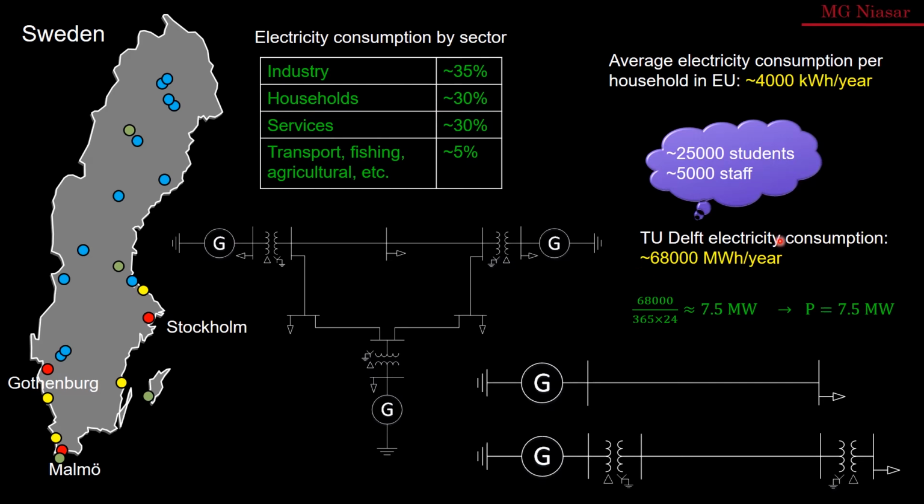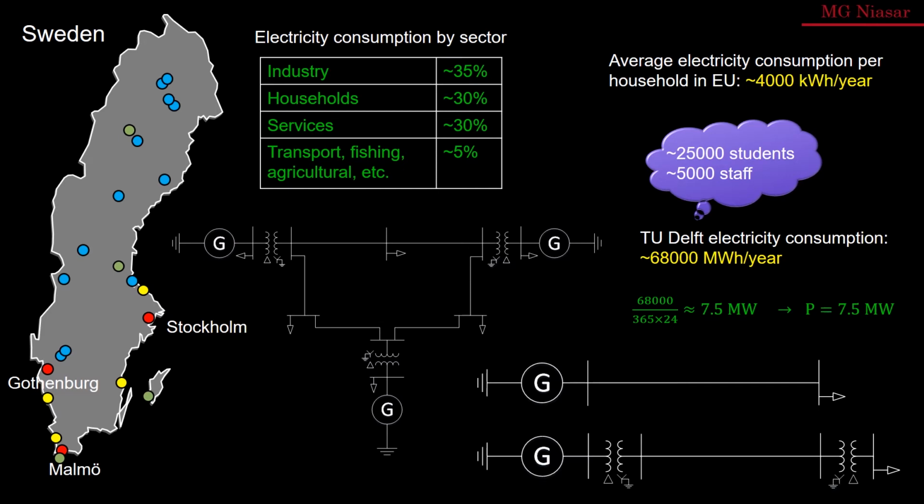And the average consumption is approximately 68,000 megawatt hour per year. So if I take this much energy consumption and divide it by number of days and number of hours, we see that on average we need 7.5 megawatt of power.